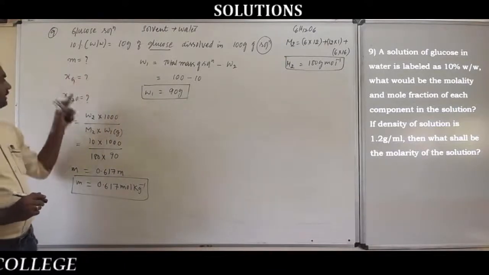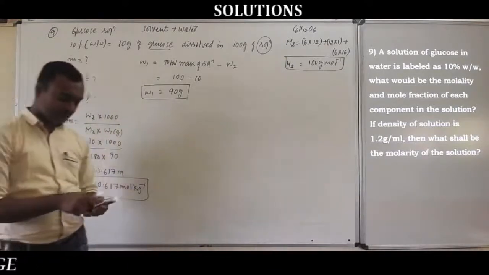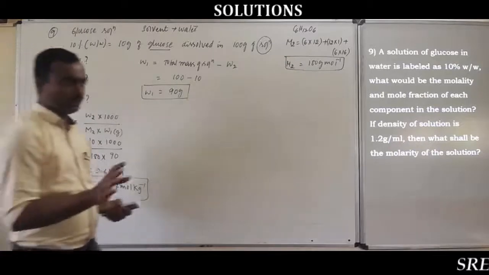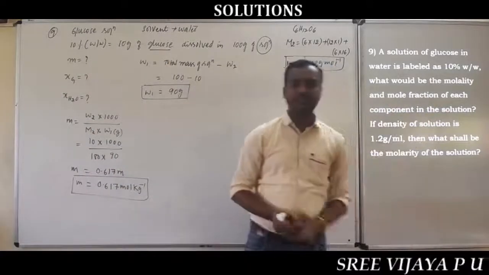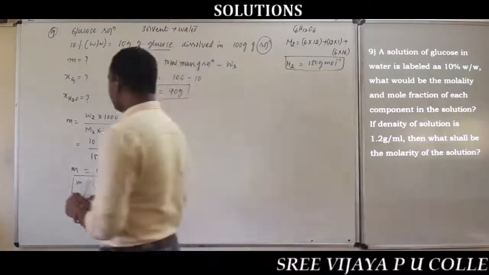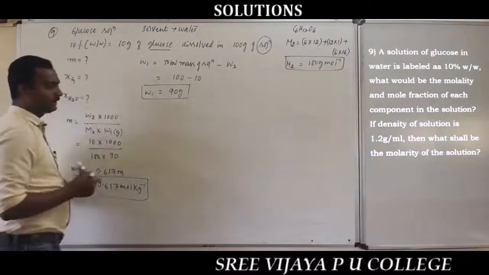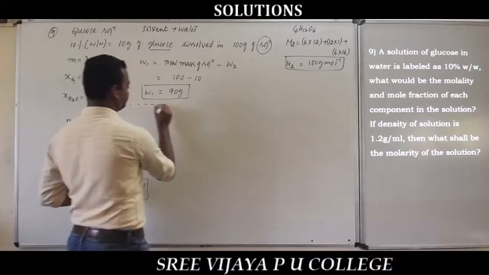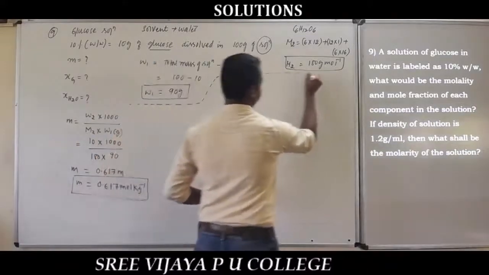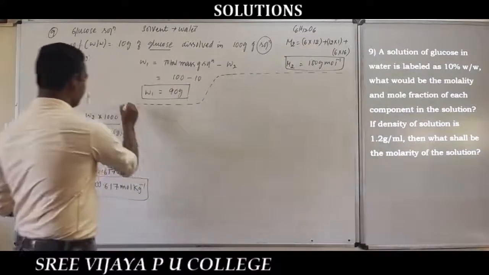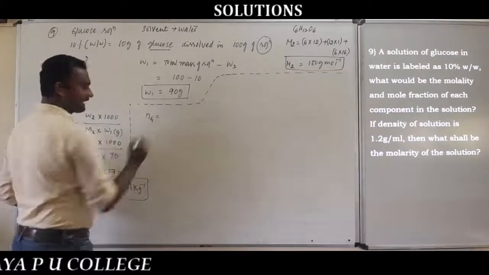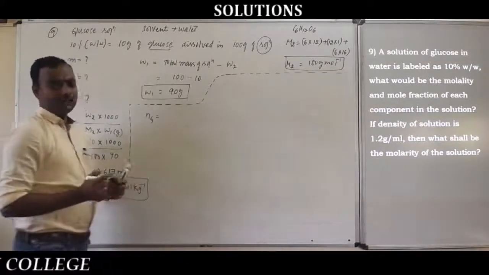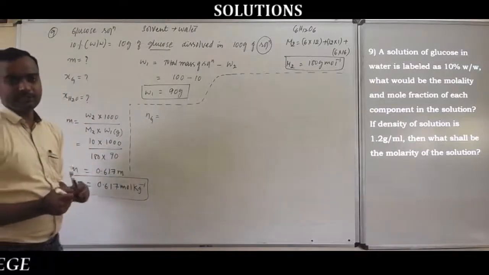One more question: you have to calculate the mole fraction of glucose as well as the mole fraction of water. That is, you have to calculate the mole fraction of each component. To find the mole fraction, first you have to calculate the number of moles. So let us first look at the number of moles. Number of moles is equal to mass divided by molar mass.